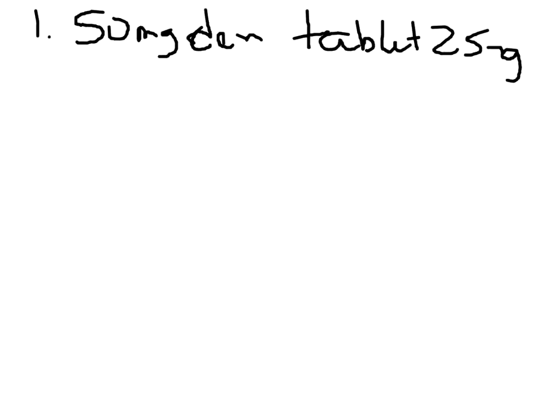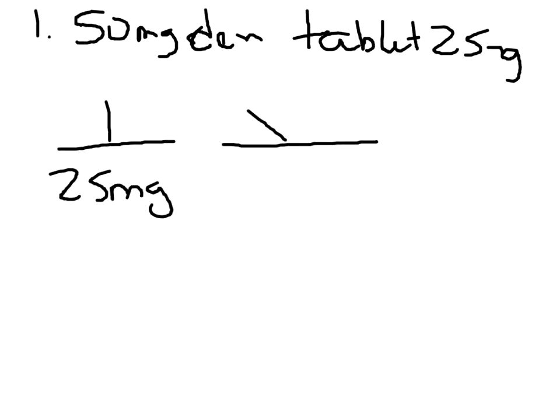So we have 50 of Demerol that is needed for our patient. The tablets are 25 milligrams each. So what we can say for our proportions, because remember, proportions are 2 ratios, right? One is we have 1 tablet, and that tablet is 25 milligrams. Okay. Then we have our X. We don't know how many tablets we're going to need, right? Over the fact that we know we need 50 of Demerol.